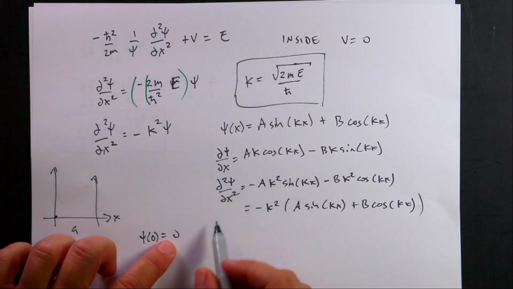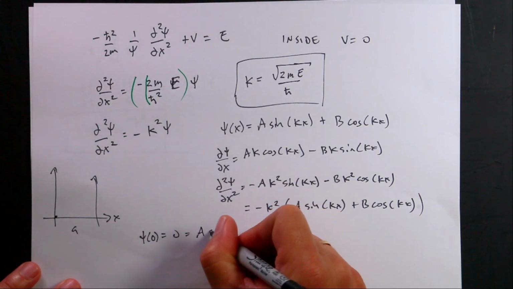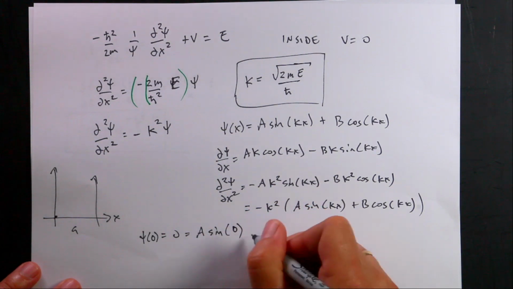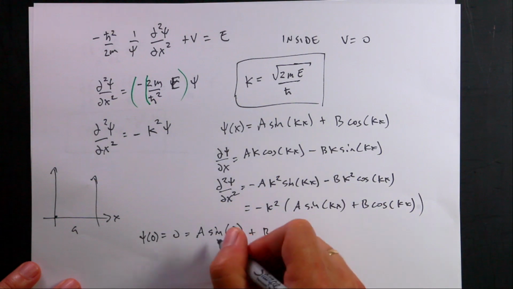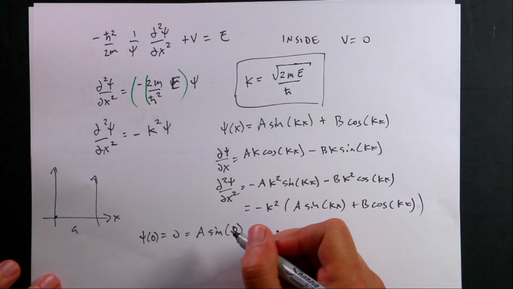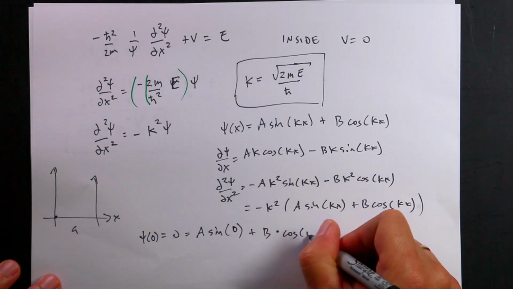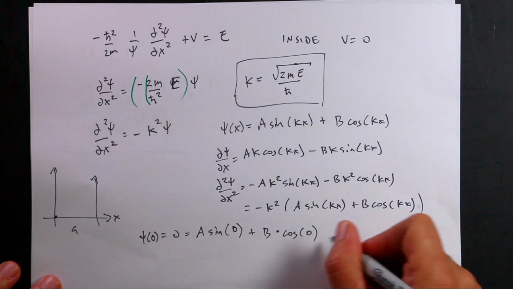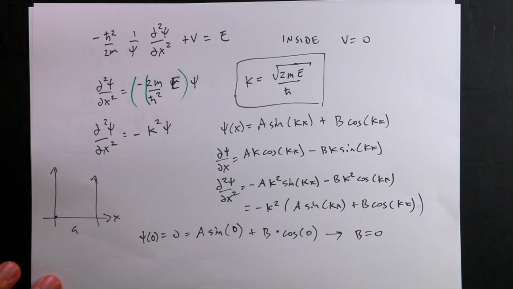So if I put in x equals 0 up here, I get A times the sine of 0, which is 0, plus B times the cosine of 0, which is 1. Now that's 0. In order for this term to be 0, the only way that can work is if B is equal to 0. That has to be true.